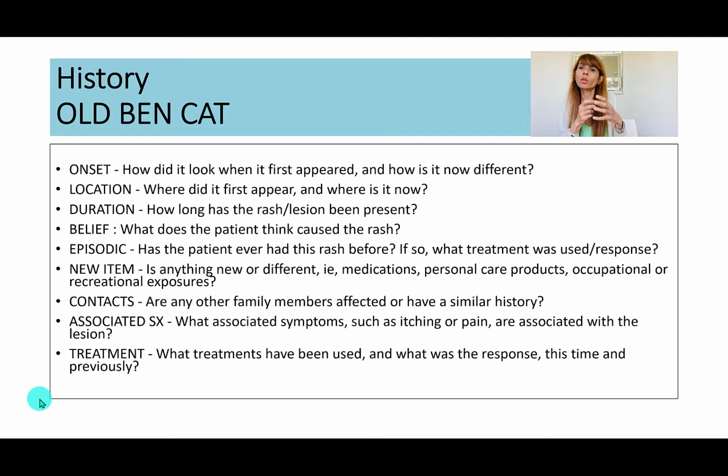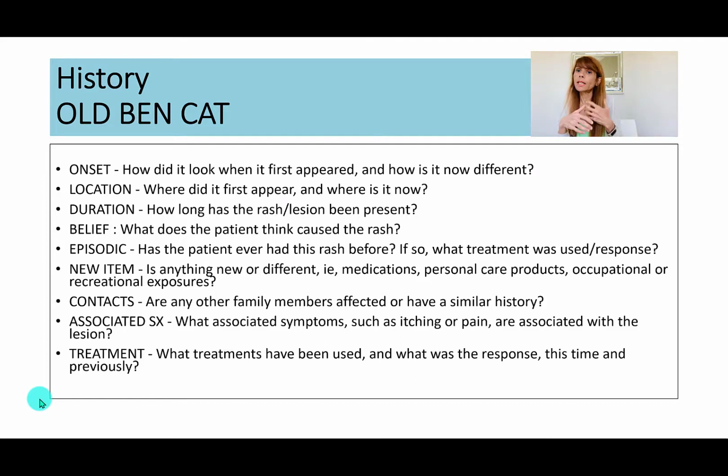In OLD PEN CAT, O stands for onset. You ask the patient, when did it appear, how did it appear. Location: where is it, is it anywhere else on the body. Duration: how long has it been there. Belief: what is the patient's belief about the lesion. Episodic nature: does it come and go, because that makes a difference. Certain skin conditions come and go all the time, and there are some that persist. New item: has the patient used any new item recently, as that may be related to the skin lesion.